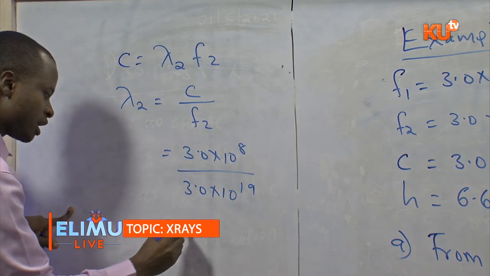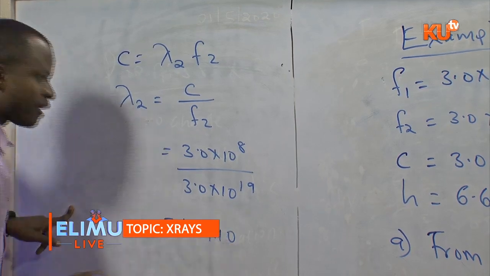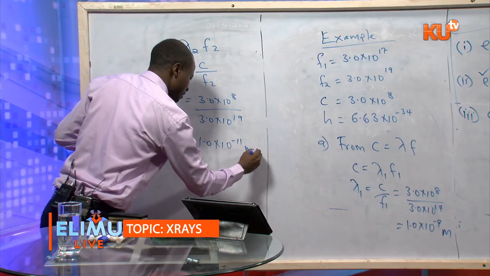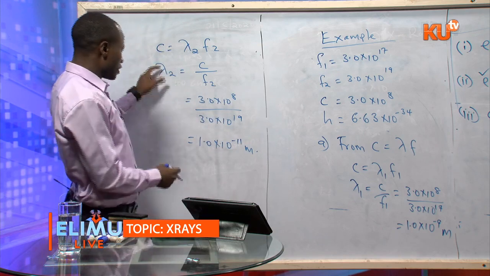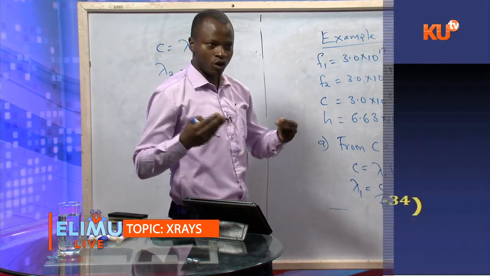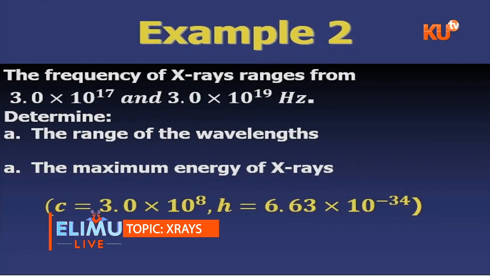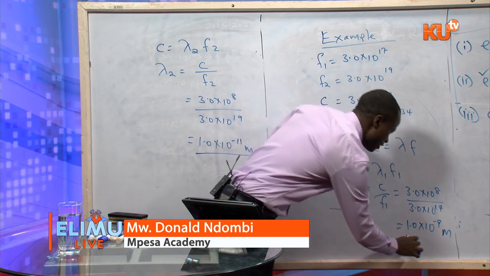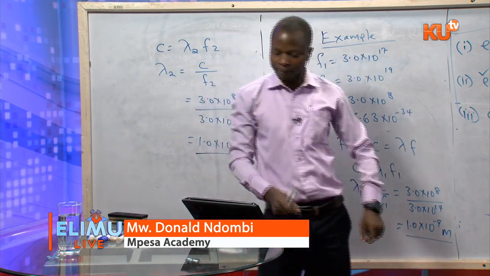So this gives us 1.0 times 10 power 8 minus 19, which is what? Negative 11 meters. Now, no one told you to give the answers this way. The question was, give the range of the wavelengths of X-rays. So the range in this case, let me ask you a question. 1.0 times 10 power negative 11 and 1.0 times 10 power negative 9. Which one is bigger?